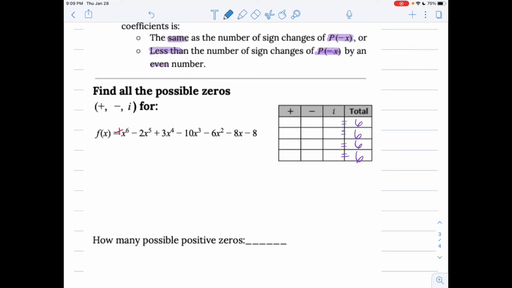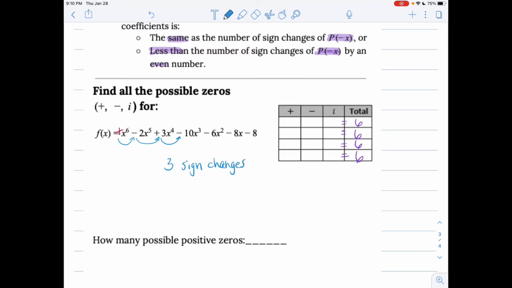I go from a positive x to the 6th to a negative 2x to the 5th, so there's my first sign change. And then the next sign that I see is a positive, so there's another sign change. And then from positive to negative, and then everything else stays negative, so no more sign changes. If I count those little arrows, I have 3 sign changes.